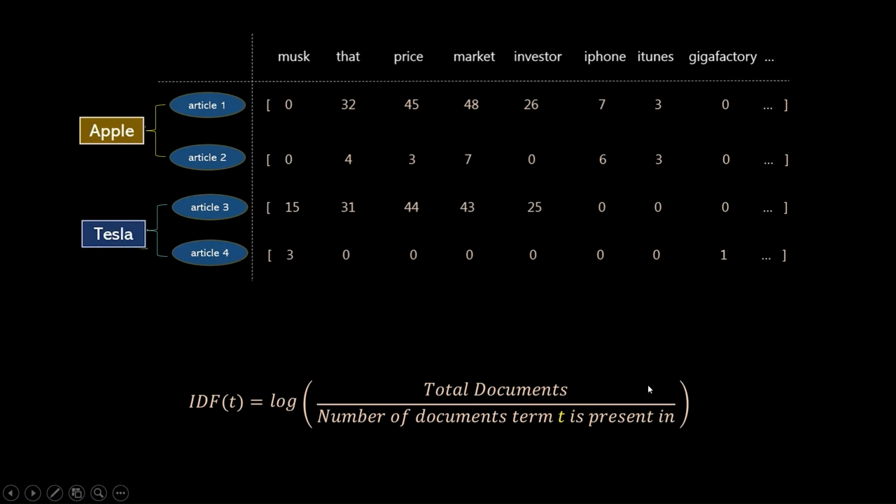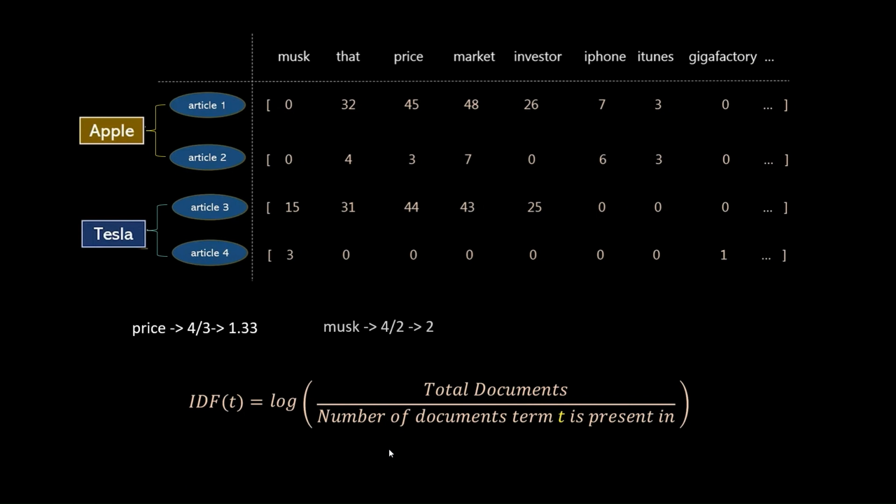It's a mathematical computation. You can refer to the sources for the need for this logarithmic calculation. Thus the inverse document frequency of the term can be calculated. This is the formula used to reduce the influence of terms which are more generic than specific. A combination of TF and IDF helps in resolving our issue.